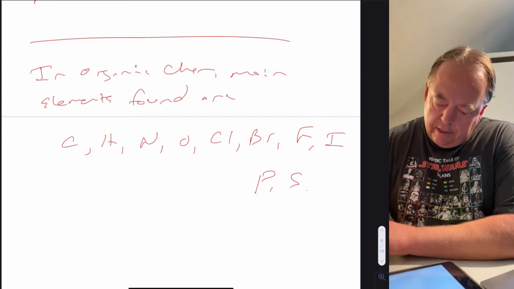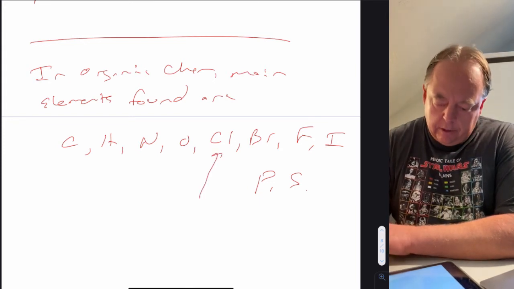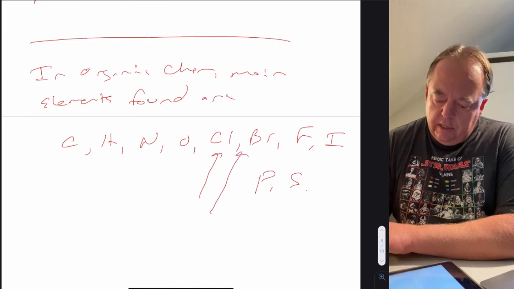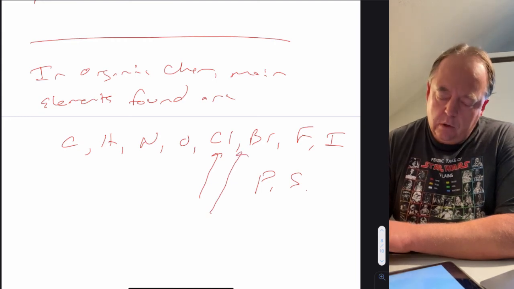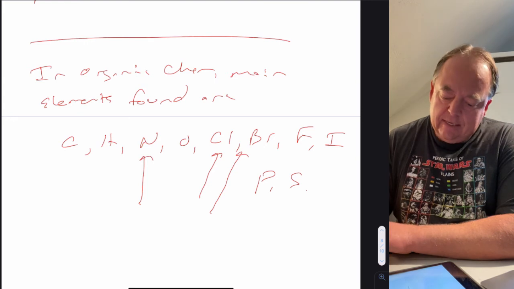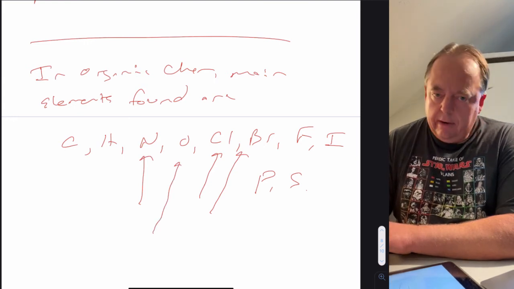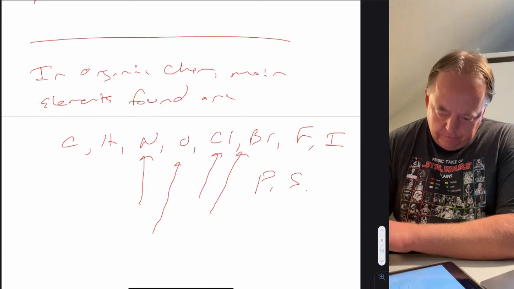We looked at how you determine if there's chlorine in the molecule: an M and an M plus 2 peak in a 3:1 ratio. Bromine, an M and an M plus 2 peak in a 1:1 ratio. Nitrogen, the mass is odd. There's nothing distinguishable about oxygen in the molecule.